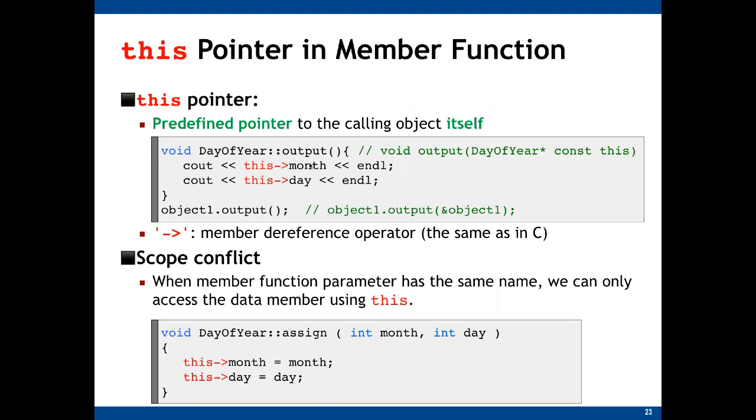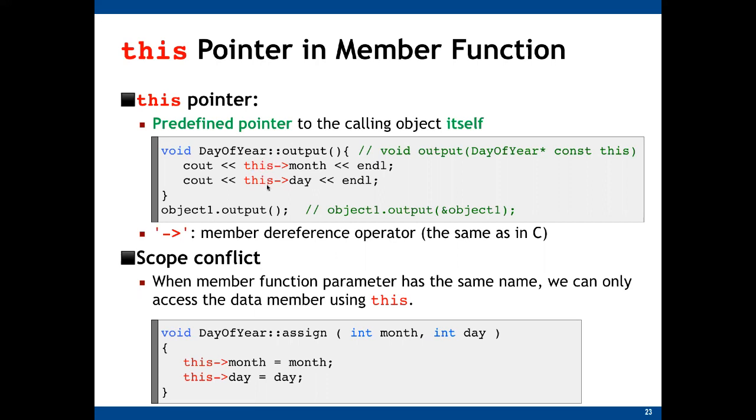And if this output member function wants to access the values of these two member variables in the actual objects, the this pointer should be used.